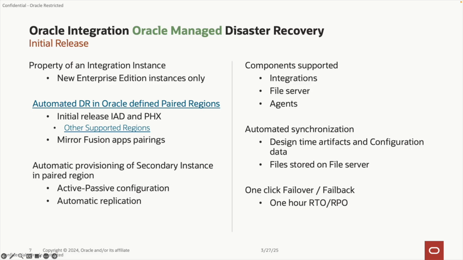So far supported components are integration, file servers, and agents. It provides Oracle managed synchronization of only design time metadata, not runtime data. There is one-click failover and failback with 1 hour RTO and RPO, meaning the recovery point objective period is 1 hour, which is the period after a disaster occurs during which the service can tolerate loss of data before the disaster begins to affect the business.